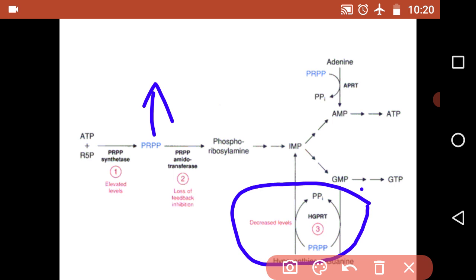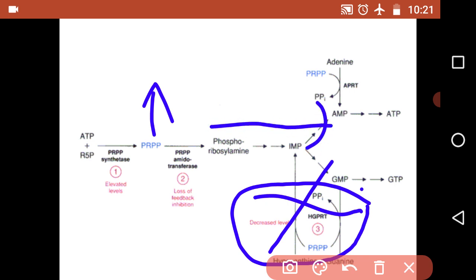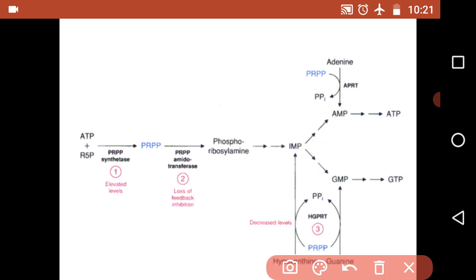Since PRPP is the substrate for both de novo synthesis and salvage pathway, when salvage pathway is decreased due to decreased enzymes of salvage pathway, PRPP is utilized by de novo synthesis to form increased amount of purine nucleotides. These purine nucleotides then get degraded to form uric acid, leading to hyperuricemia.